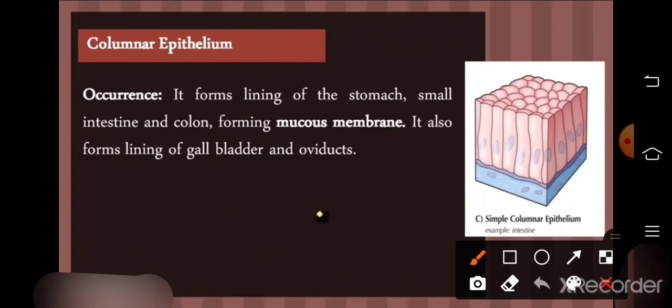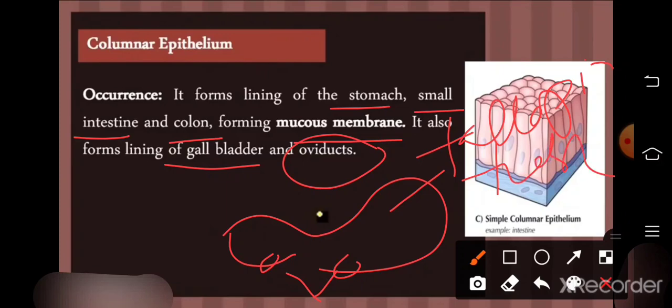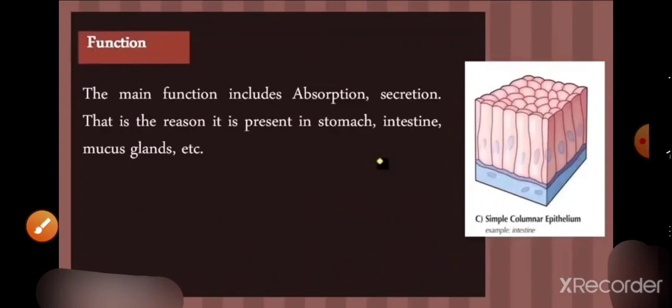Occurrence: it is found in the stomach lining, small intestine and colon, forming the mucous membrane. It also forms the lining of the gallbladder and the oviducts, the female reproductive part, also called the fallopian tube, where the male germ cell and female germ cell meet.